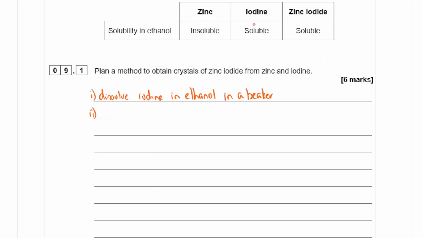2. The iodine will dissolve in the ethanol, and then add zinc to the iodine solution and stir. 3.